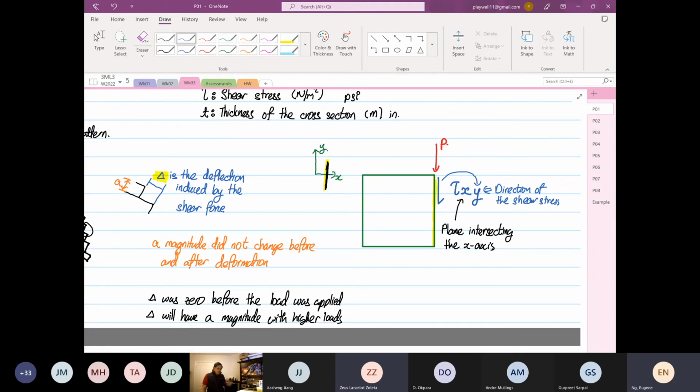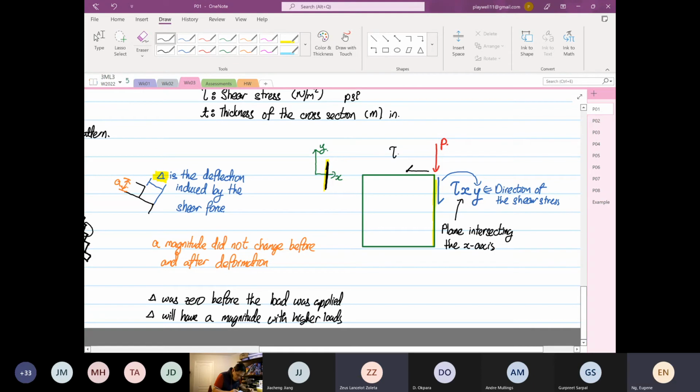But because it's shear, you will have a counter component. So if you draw shear on that surface, you're going to have a shear on this surface also. And this is known as shear.